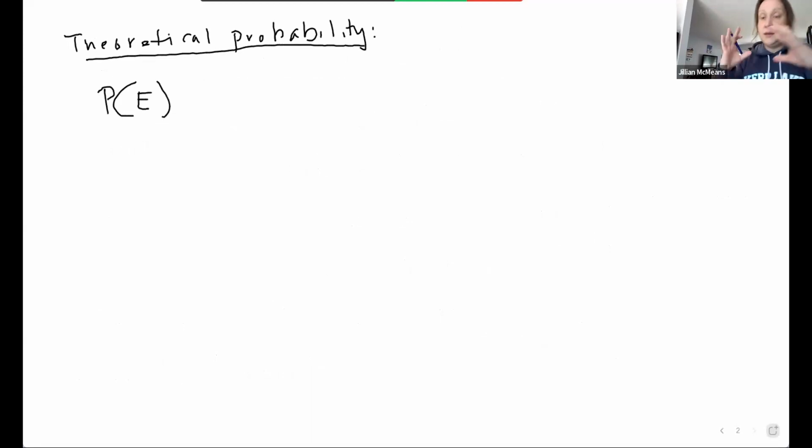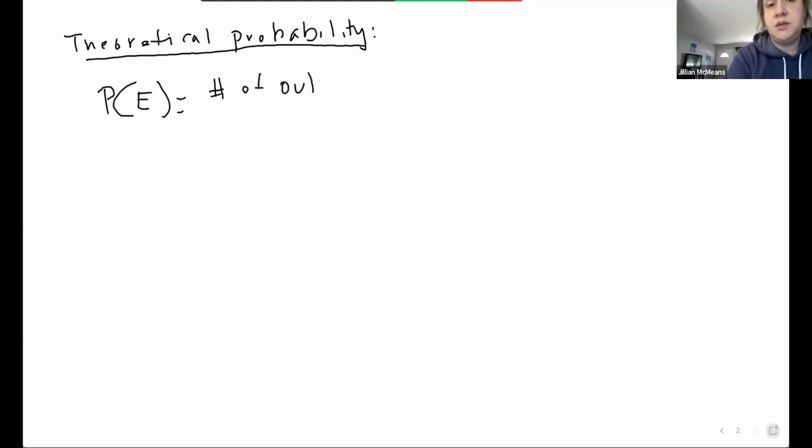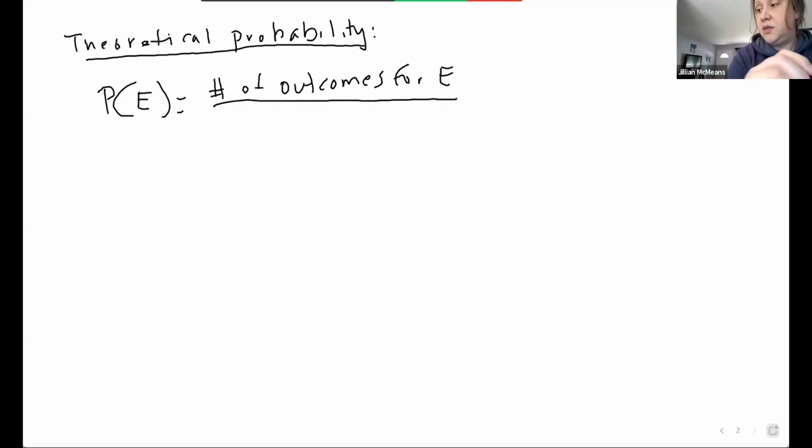So capital P, and then in parentheses, you put the probability of what you're looking for. We're just going to use E, the probability of this particular experiment, or this event. So it's the number of outcomes for whatever E is divided by the total possible outcomes.